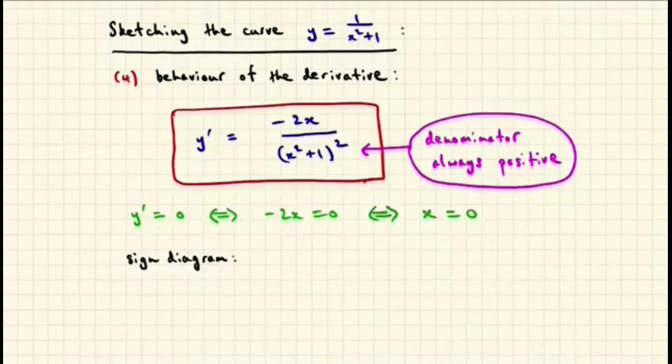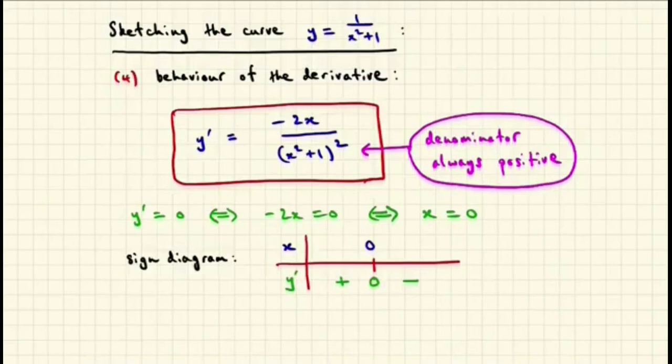So the sign is determined by the numerator, giving the pattern positive, negative, corresponding to increasing, decreasing, with a global maximum occurring when x equals 0.